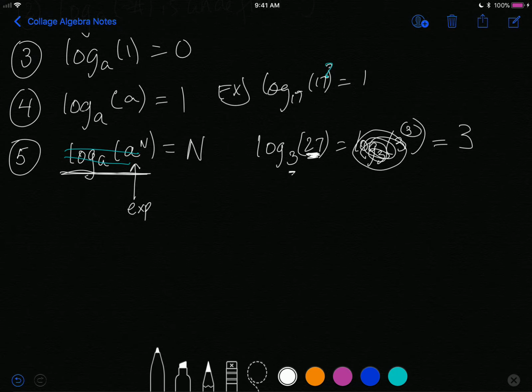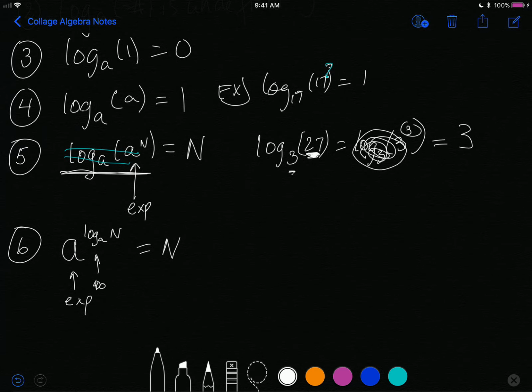Similarly, there's the reverse of this operation, and that is if I take a base and the power has a log of the same base, the answer again will be n. The log and the exponent, again, so this right here is the exponential, this right here is the log, they will cancel each other out. So all I'm left with right here is just the power of n.